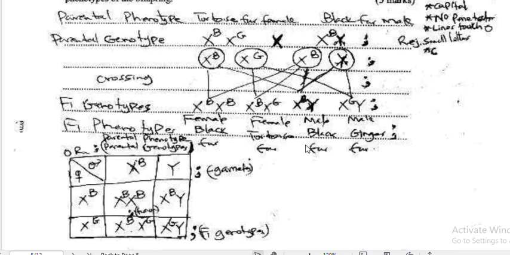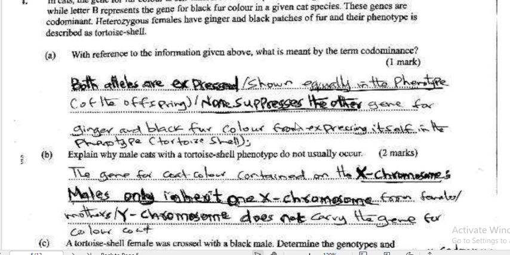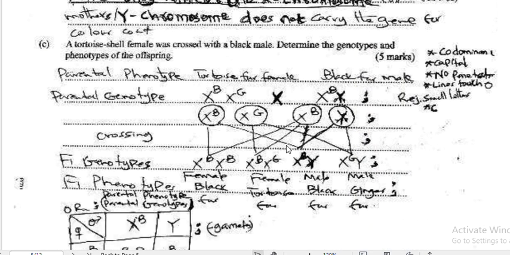Then a female with a tortoise fur containing both black patches and ginger color. Then we have the male black fur, XY, the X superscript B, then a male with a ginger fur color, capital G, then we have the Y without anything.